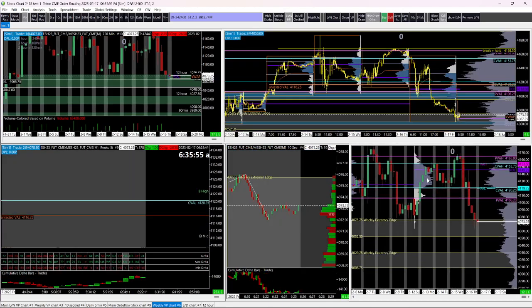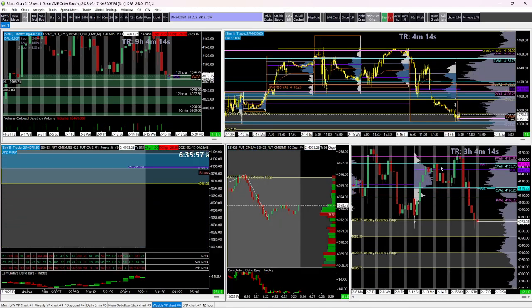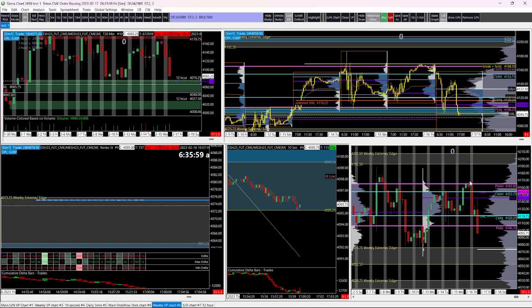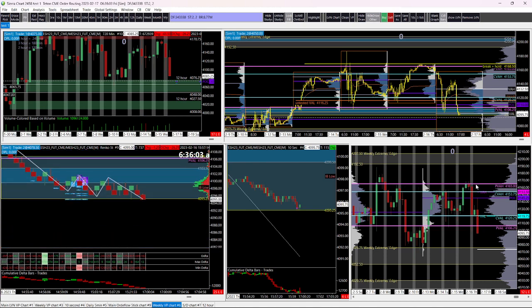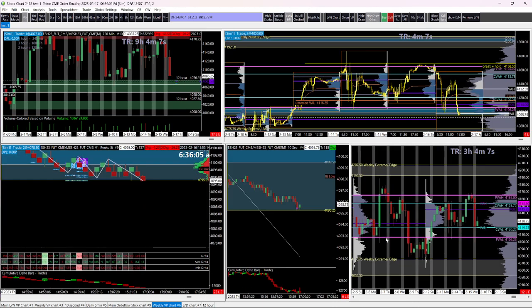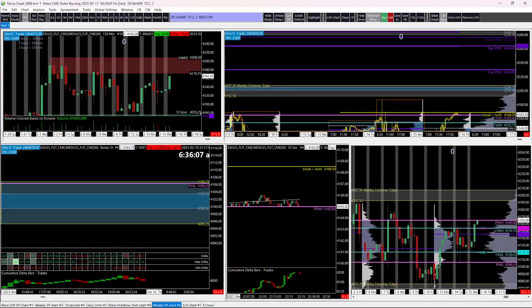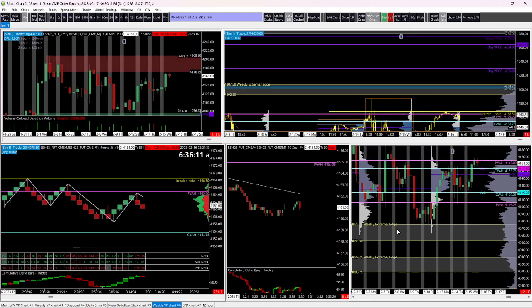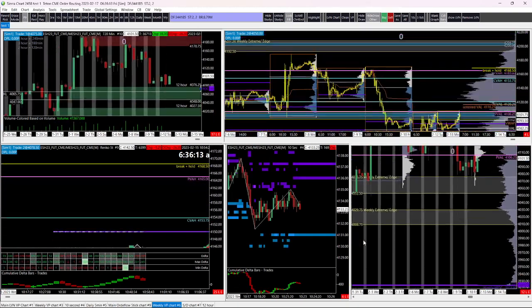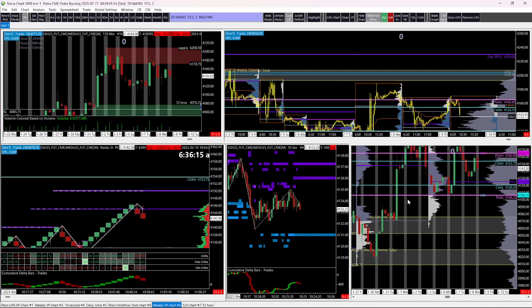But now in the current week, we finally were able to break higher, rejected the past week's value area high, and then we dropped down into this 4075 zone. Reason I make them so big is just what I feel comfortable with, I guess.